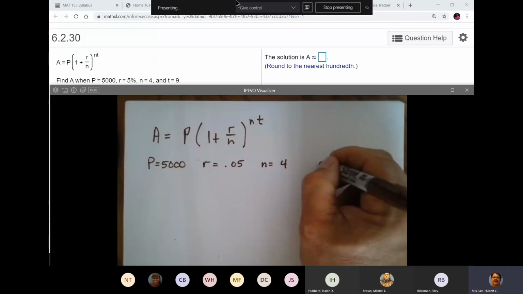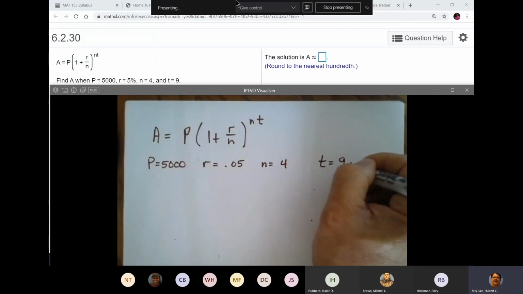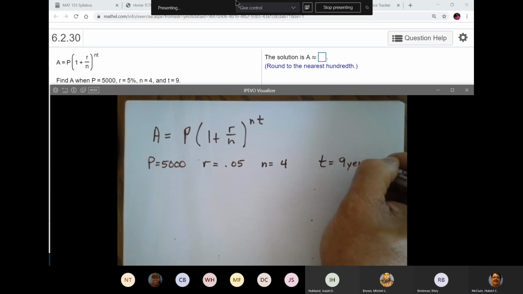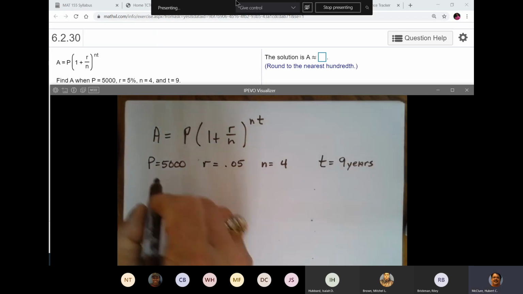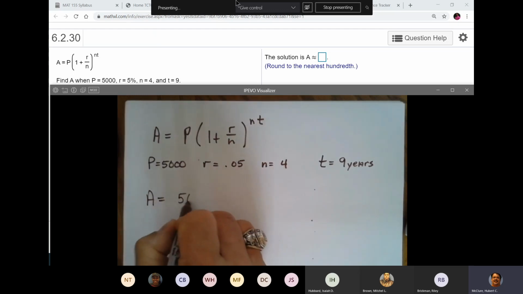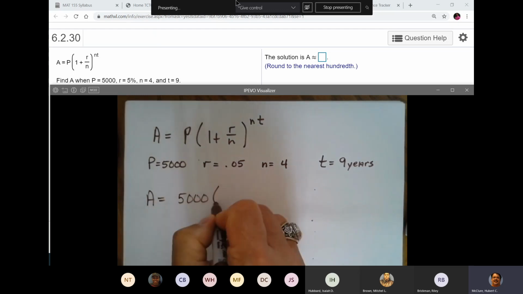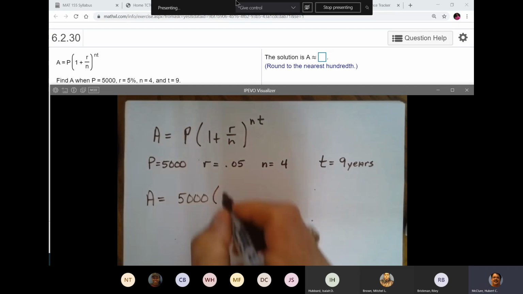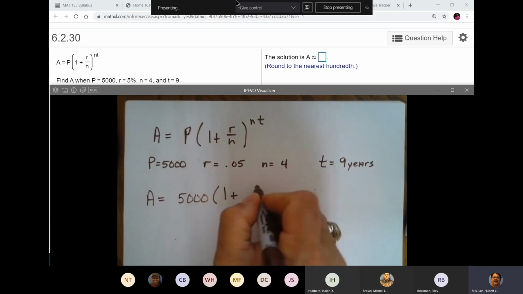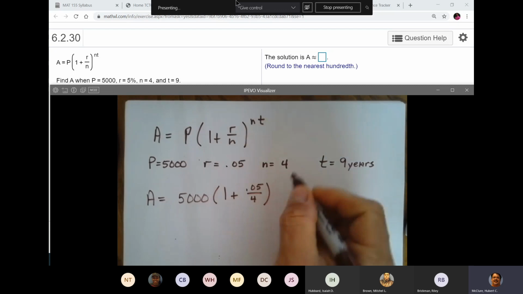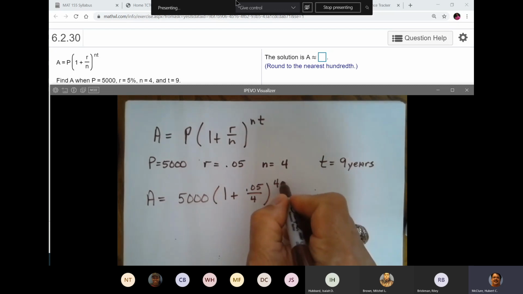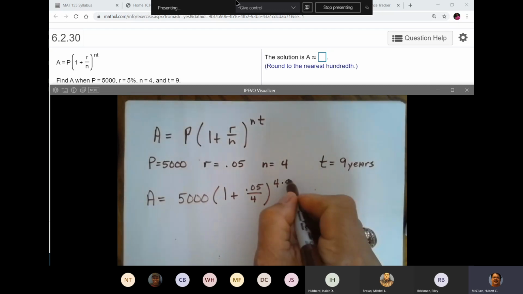And you're going to keep it in the bank for 9 years. So I'm going to plug everything in, and then we'll do it on the calculator. 5,000 times 1 plus 0.05 over 4 raised to the 4 times 9.